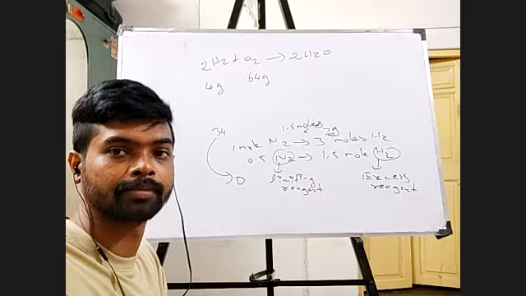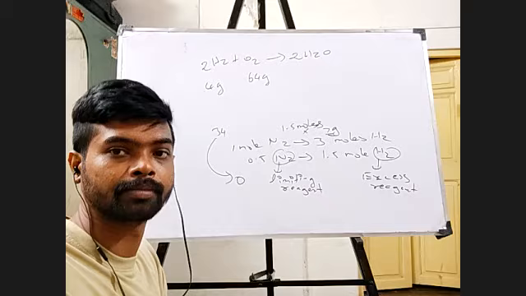Okay. So now if I calculate the number of moles, 64 divided by 32, which is the molecular mass of O2, 16 into 2, will become 2 moles, right? And here, 4 divided by 2, that is the molecular mass of H2, will become 2 moles. Correct. Now look at this.